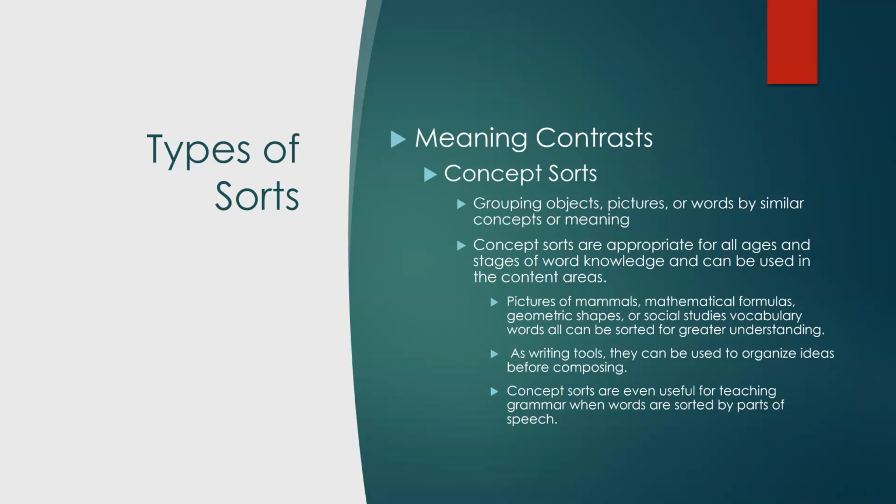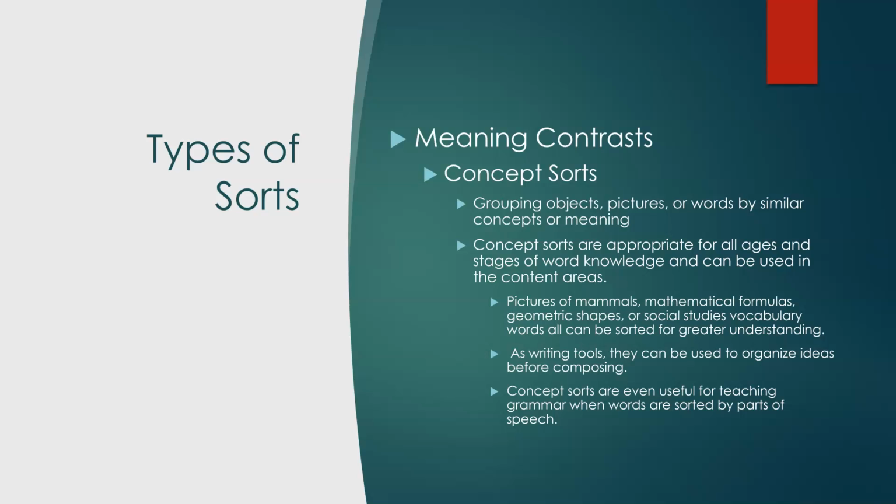Then you get into the more complex contrast that we look at, and that is the meaning contrast. So in this conceptual sort, we're really looking at sorting by meaning. So grouping objects, pictures, or words by similar concepts or meanings. These are appropriate for all ages and stages of word knowledge and can be most useful, I think, in your content areas.